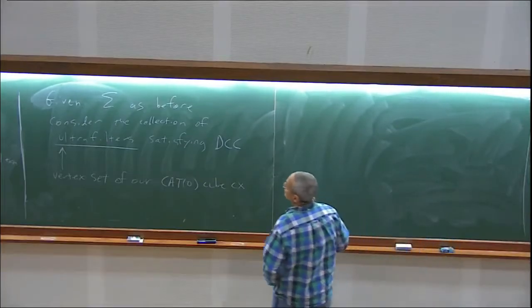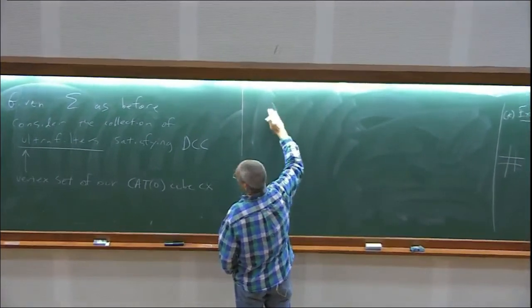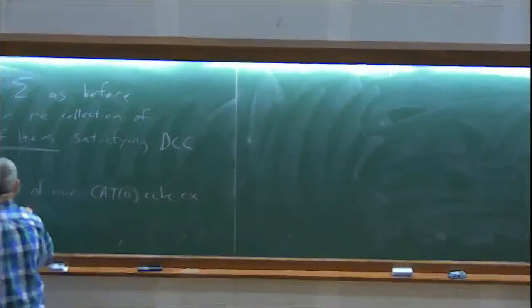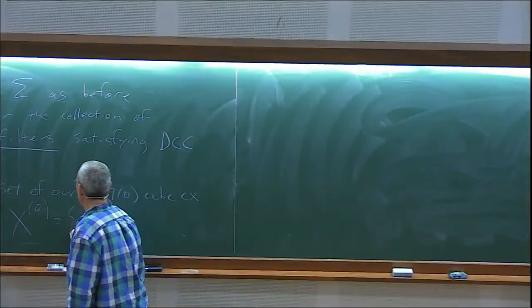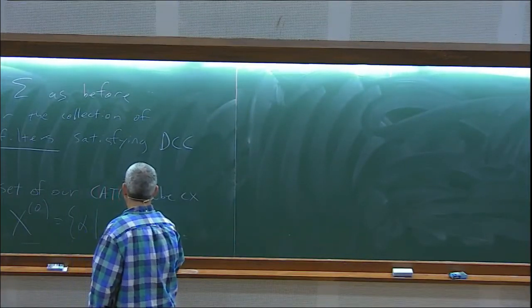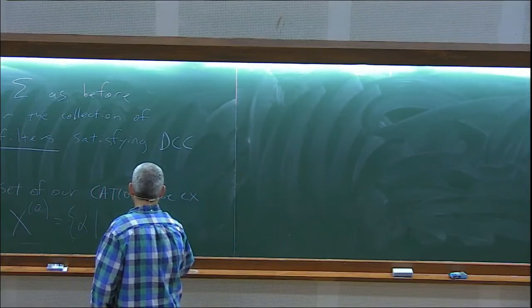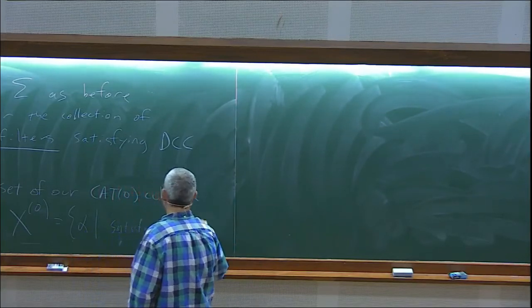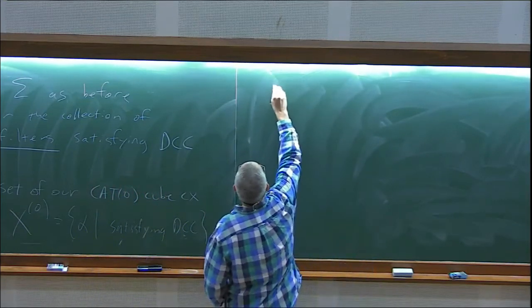We'll call it X0, the set of all alpha satisfying the descending chain condition.